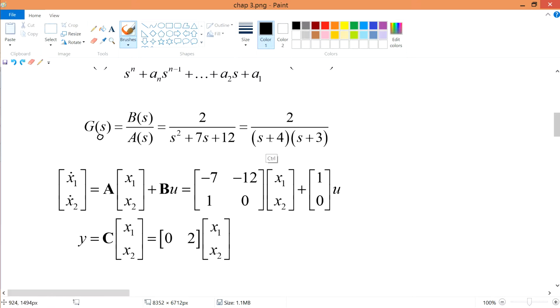So we want to shift the poles from s plus 4 times s plus 3, which you get if you just expand. For pole assignment, you want to shift your open loop poles at s plus 4 and s plus 3 to some other poles, such as s plus 10 or s plus 20 in our example.